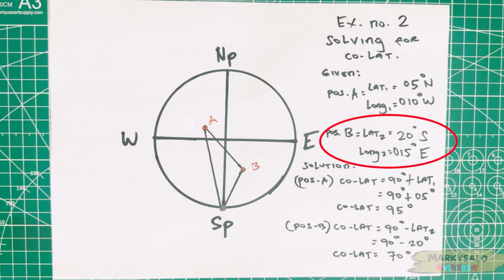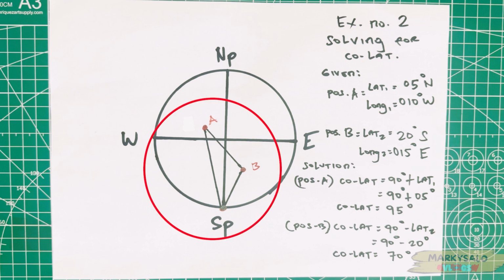For position B, or the final position, the coordinates are latitude 20 degrees south, longitude 015 degrees east. In our minimap, or mini-earth, we plot position A in the fourth quadrant since the latitude is north and the longitude is west. For position B, we need to plot the position in the second quadrant since the latitude is south and the longitude is east.